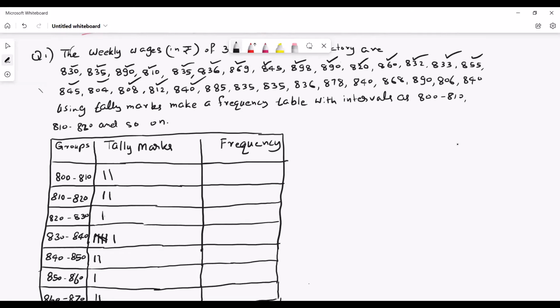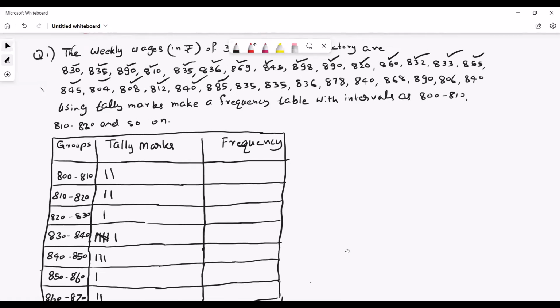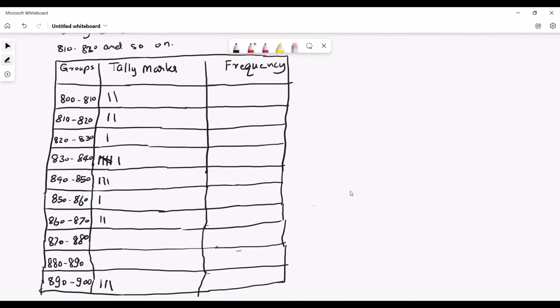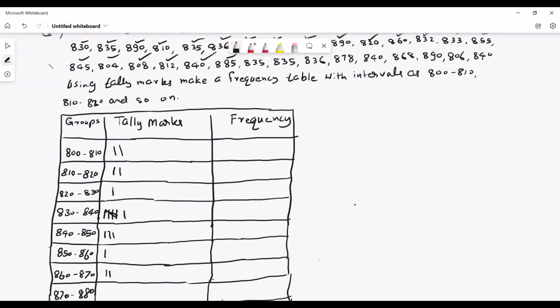The same way we have to come to the higher ones. Then 885 is there. 885 will come here. Then we are having 835. 835 will come here. Then we are having 835 again, so again it will come one more line.